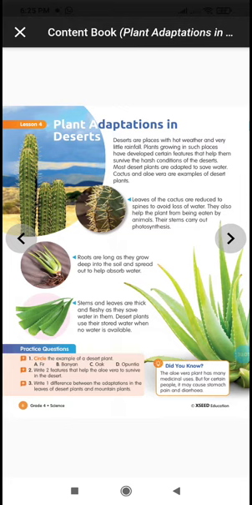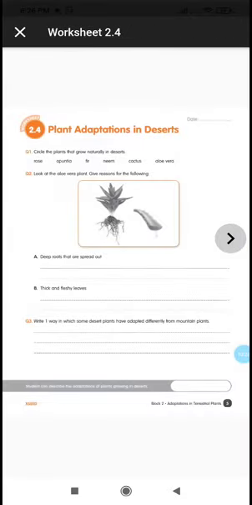And here the leaves are modified into spines to save the water. So write these two differences in the textbook itself, either at the top of the page or the bottom of the page, where you have the place, children. Okay.